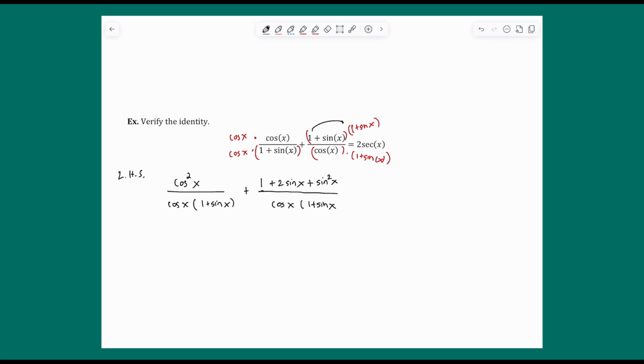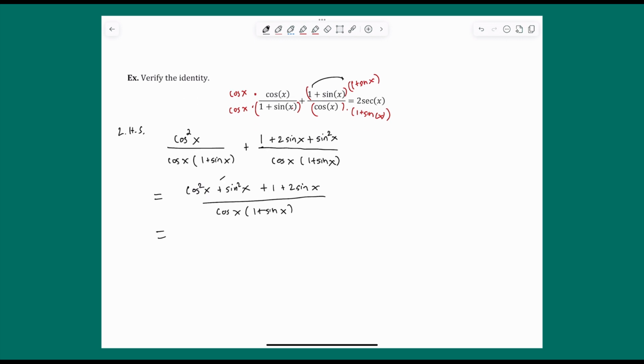All right, so now combining this as one big fraction, I'm going to have cosine squared of x plus sine squared of x, and I'm left with plus 1 plus 2 sine of x all over cosine of x times 1 plus sine of x.